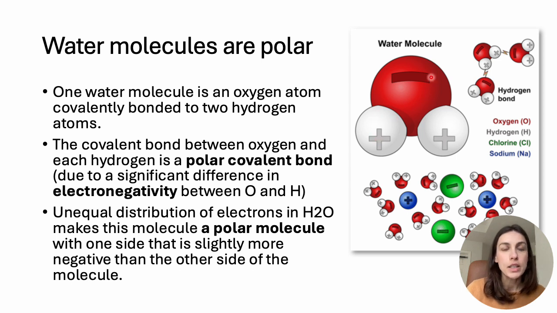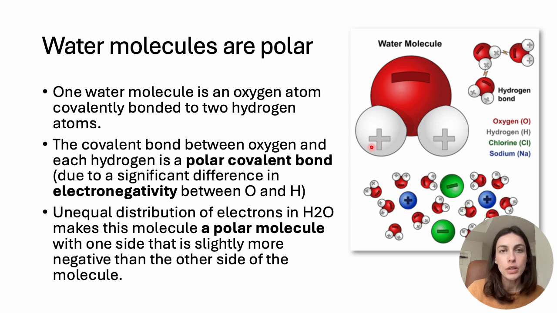And that means that oxygen now has a little bit more negative charge around it than it did before it was involved in this relationship. So now there's a tiny bit more negative charge, just a fraction of one electron's worth, on this side of the molecule.